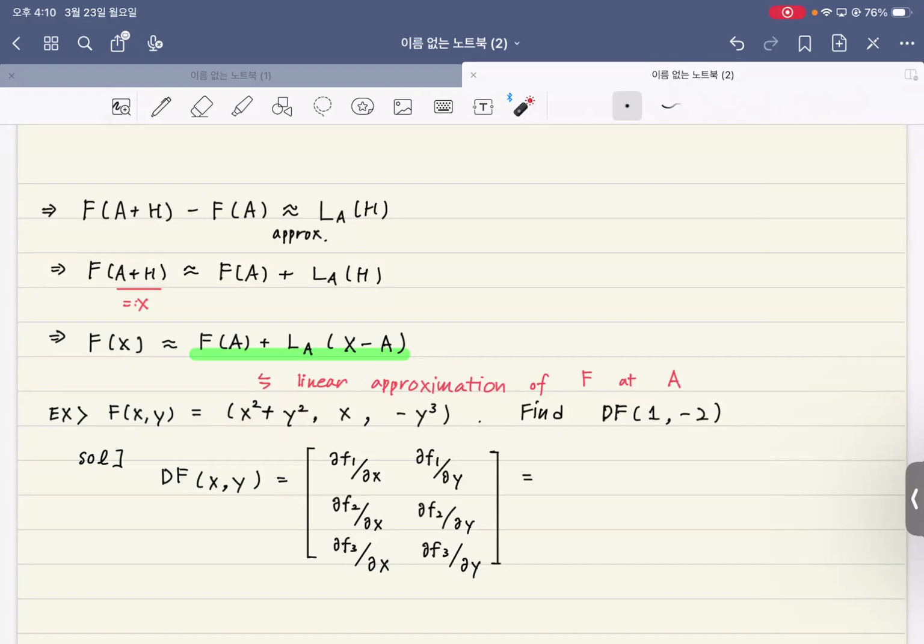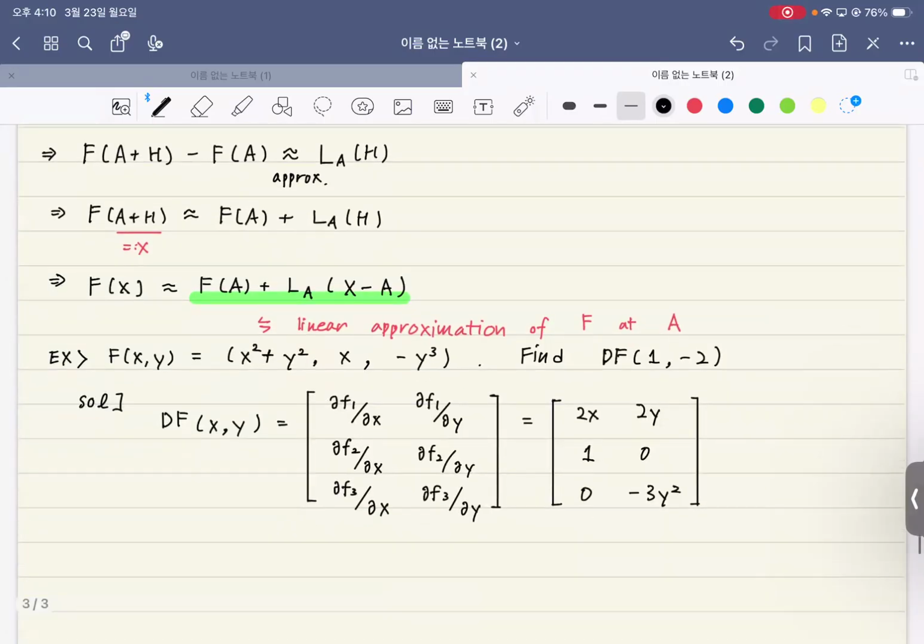Here this is f1, this is f2 and this is f3. If you take the partial derivative of the first component function with respect to x, it is 2x, and the partial f1 partial y is 2y. Partial f2 partial x is 1, then 0, and 0, and minus 3 times y squared.